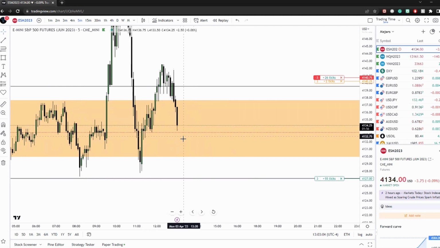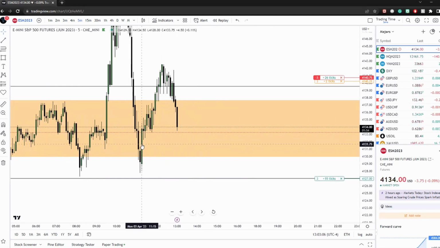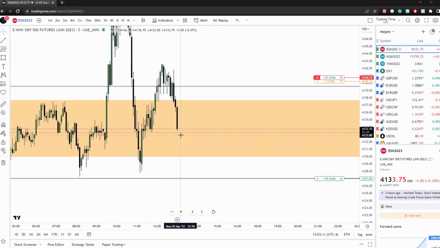Price trading lower, lower. There's a nice little gap there, constant encroachment right here. Looking for it to tap it and then closing half of it, waiting for it. Okay, closed half of it out. And I have another half left.